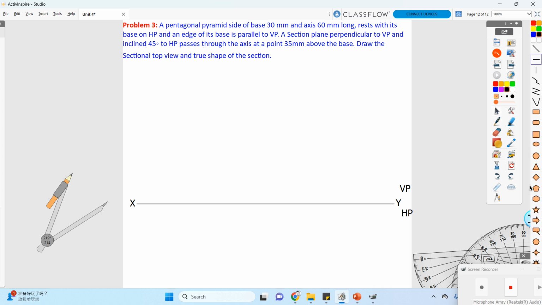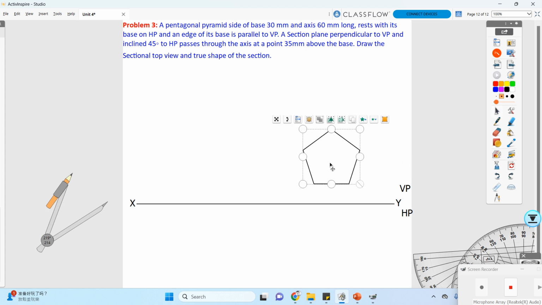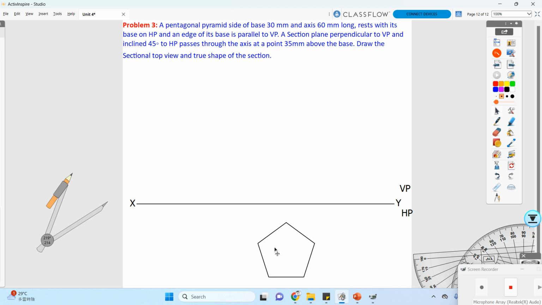So I am going to consider this as my pentagon.